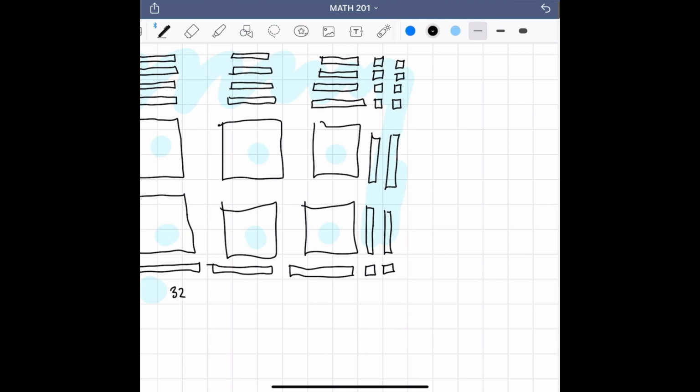Alright, so now I've modeled the rest of the partial products. Like we did in our concrete format, we filled in all of these with tens, so longs, and units, because there is 10 down here and 4 units up here, so 1 unit times 1 long is going to be 1 long, and we did that 4 times in this little area.